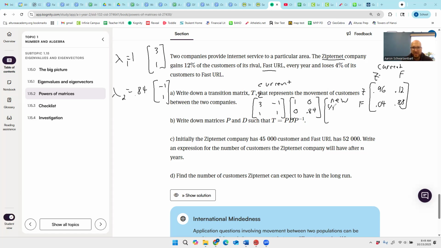And then the P inverse here is 1/4, 1/4, -1/4, 3/4. So it asked me to write an expression for how many they'll have after X years, or N years.